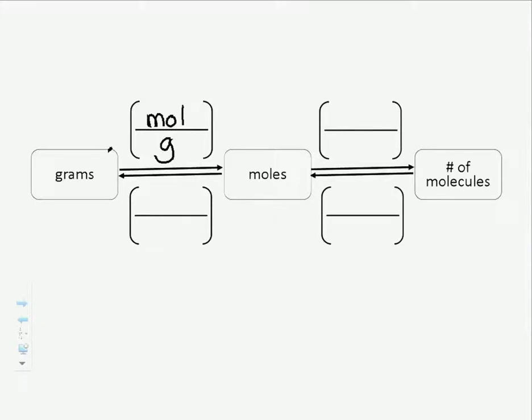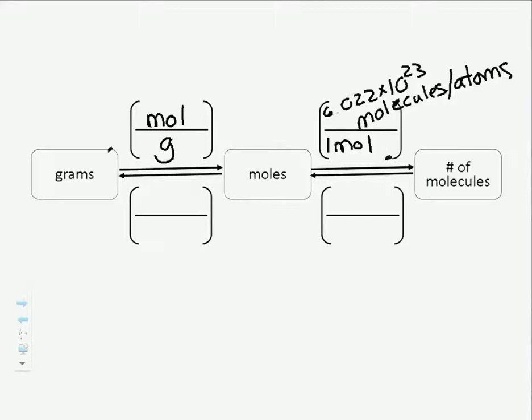Then to go from moles to molecules, your 1 mole will be on bottom, and your 6.022 times 10 to the 23rd will be on top. And that can be either molecules or atoms, depending on what you started with.